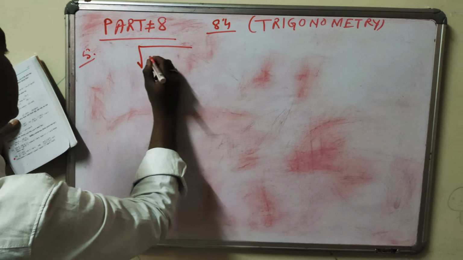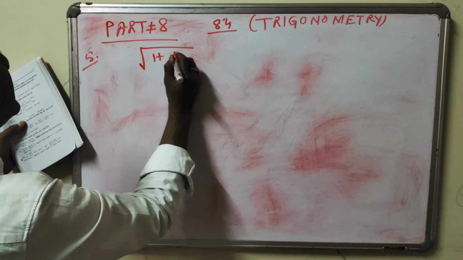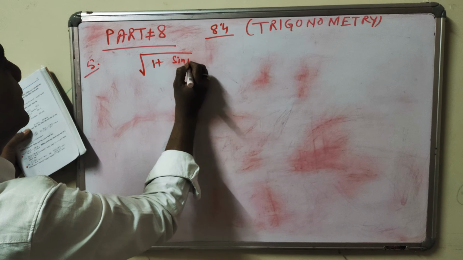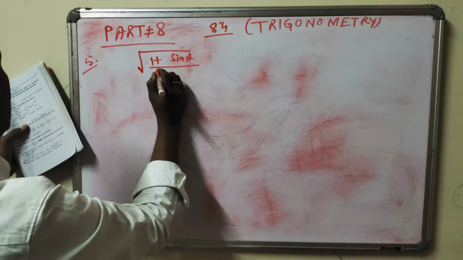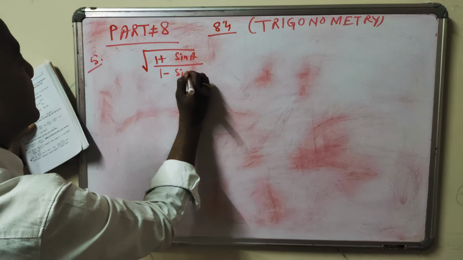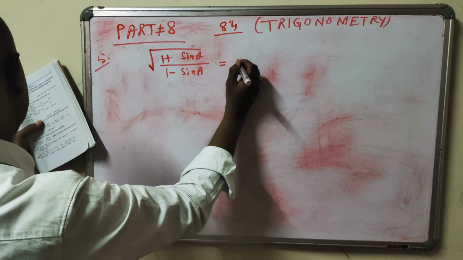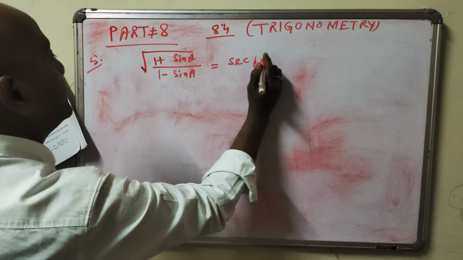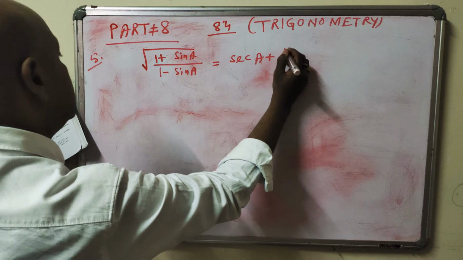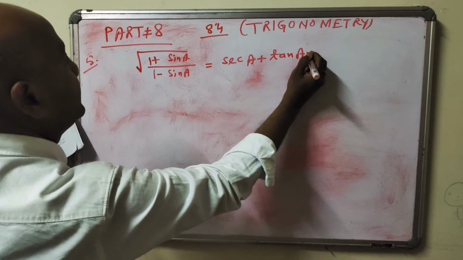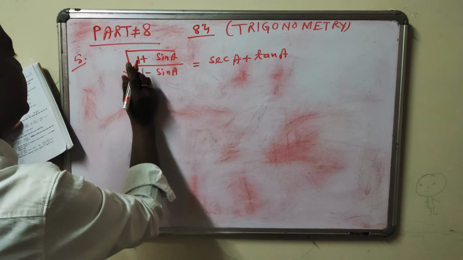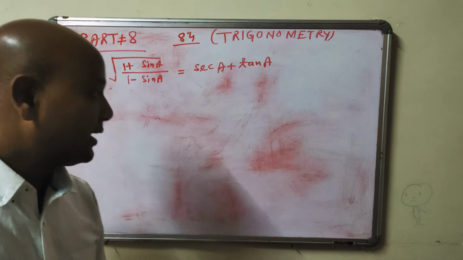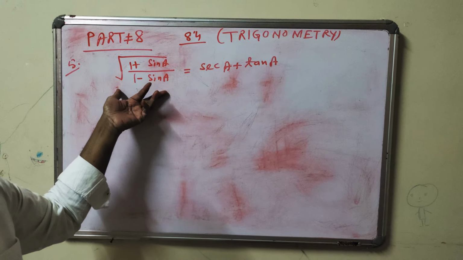Here the sum is given like this: square root of (1 plus sin A by 1 minus sin A) equals sec A plus tan A. Yesterday I told you which part you are going to take, either left hand side or right hand side.